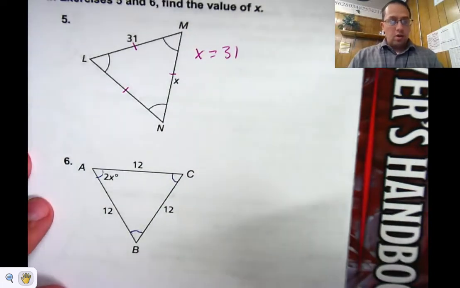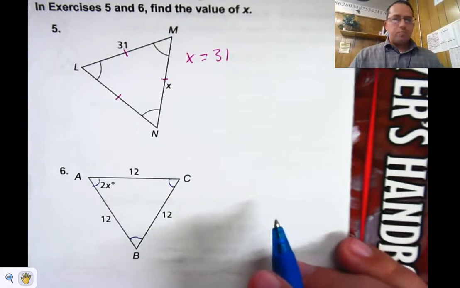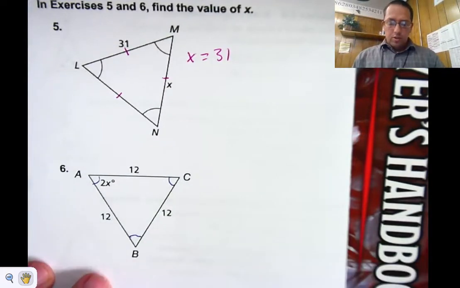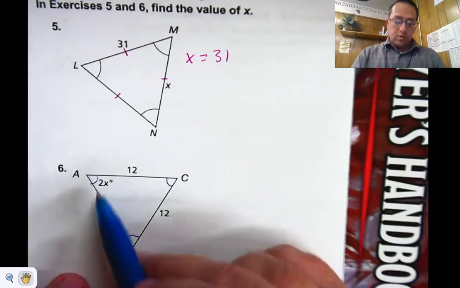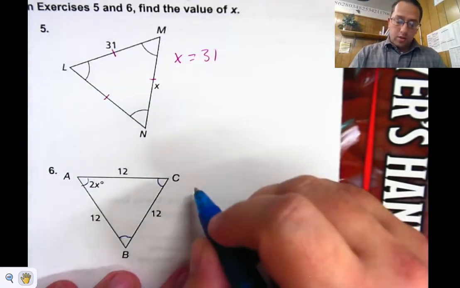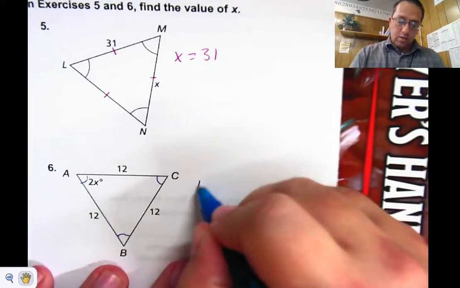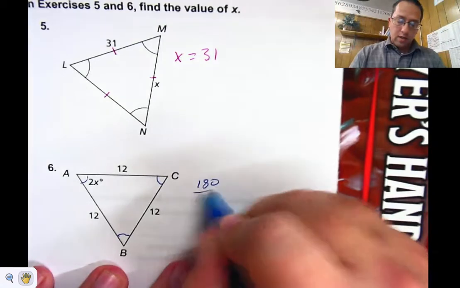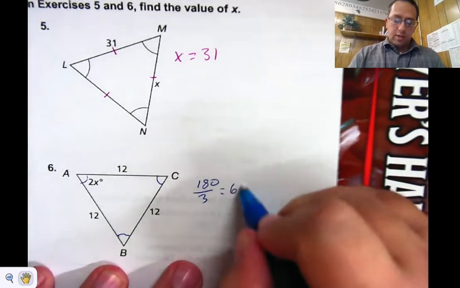So they all add up to 180. They're all the same, so 3 times this angle is 180. Easiest way to do that is 180 divided by 3, which is 60 degrees.